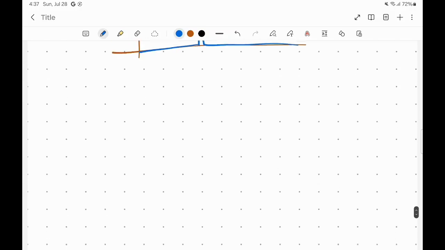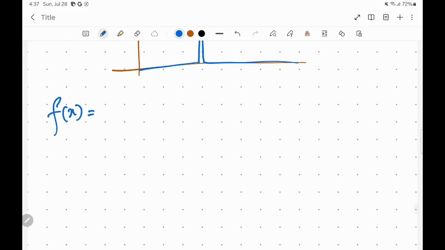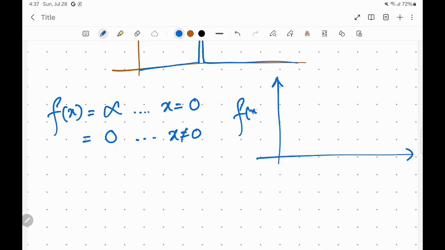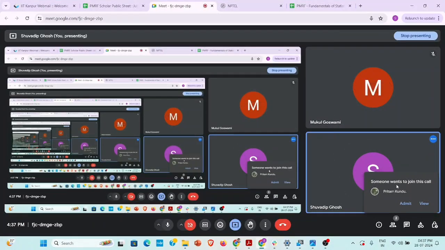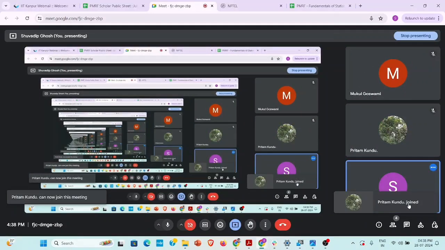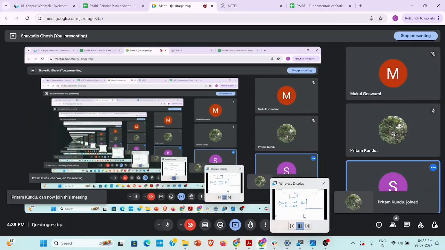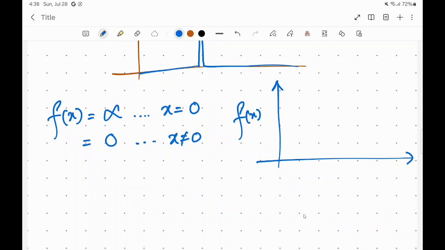Delta function means, let's say, f(x) is a function such that it is infinity when x equals 0, and it is 0 when x does not equal 0. Then how will it look? It is infinity only at x equal to 0, but for other values it is 0.